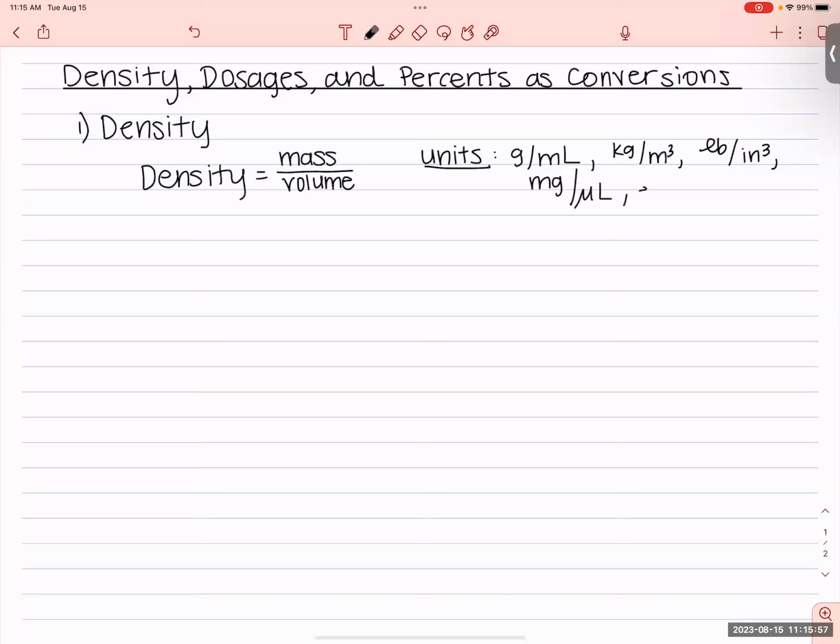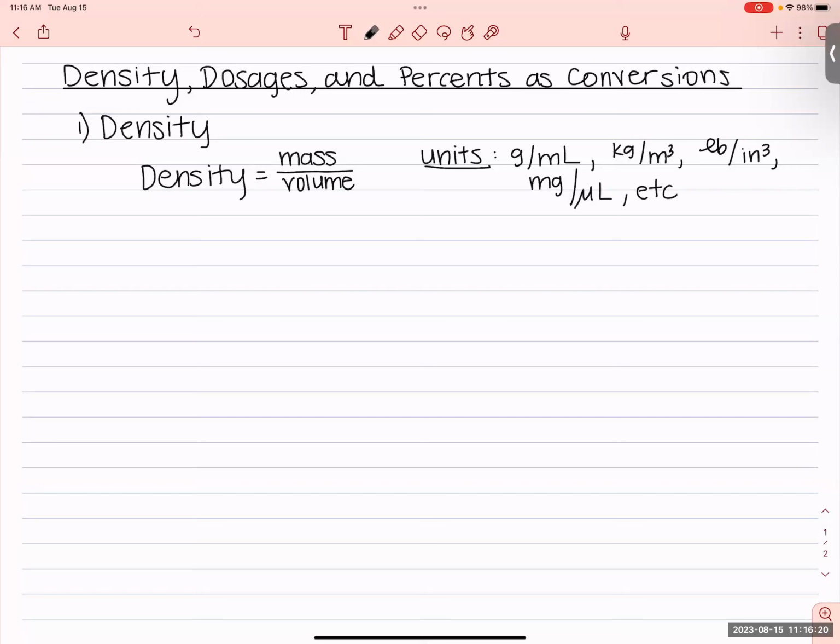These are all density units that can be used. So if you see anything given to you with a mass and a volume unit, that's a density. Or if I'm asking you what is the density of something, you will need to find the mass, and then you will need to find the volume and divide them, because it's mass divided by volume.